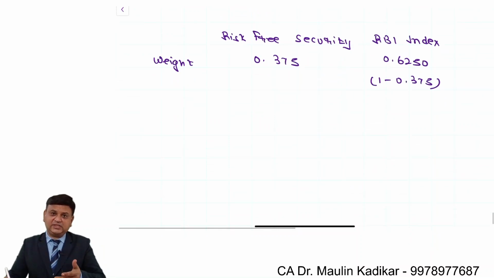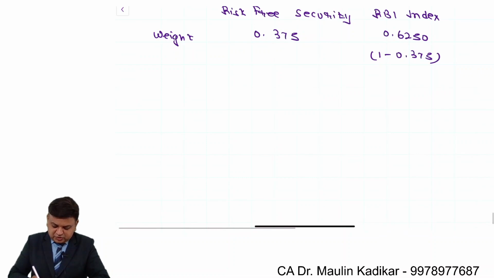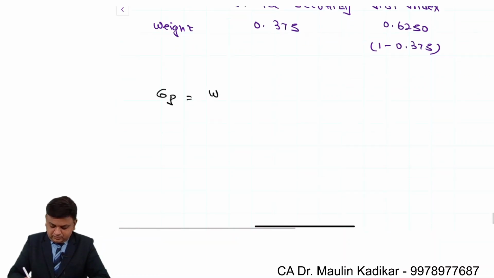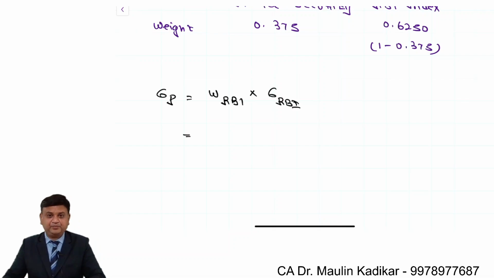The question further asks what is the standard deviation of the portfolio. Dear students, sigma p is equal to the weight of the Reserve Bank of India share price index into its standard deviation. Why?